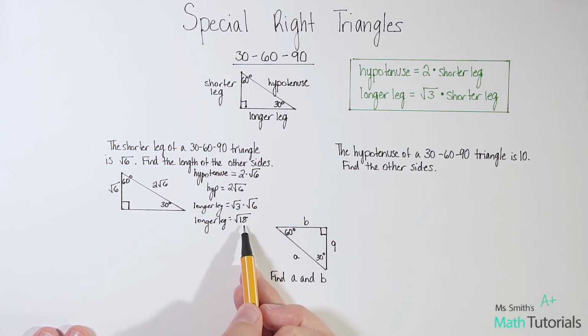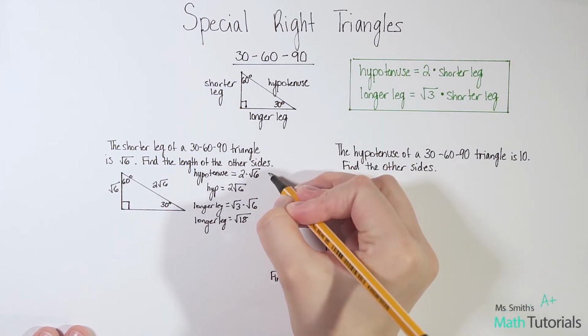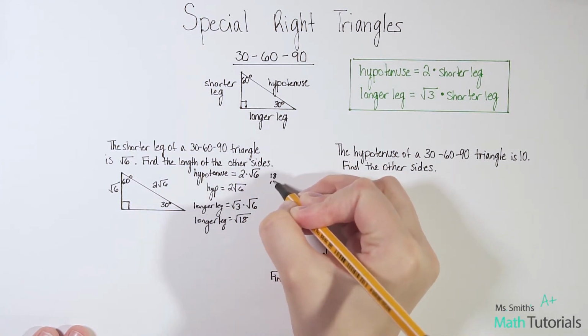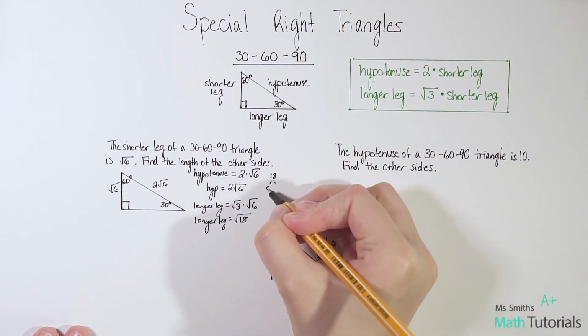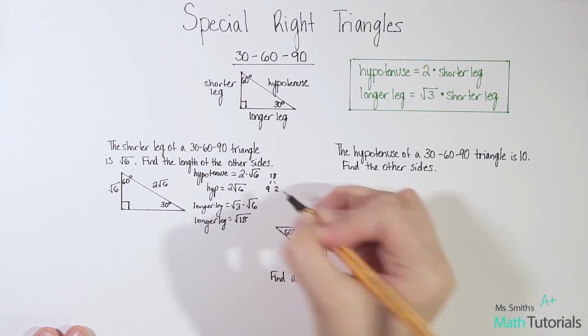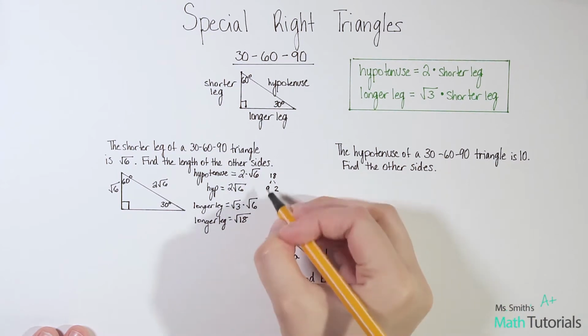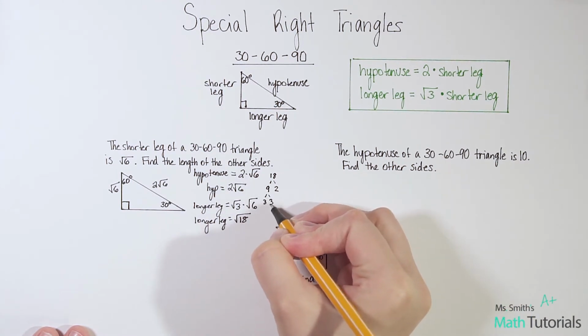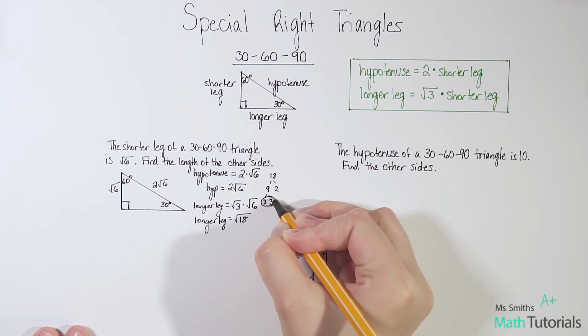And then I want to think, can I reduce square root of 18? And let's try it, right? I'll come up here, 18. We'll do our little factor tree. I know 9 and 2, right? And then 2's a dead end, so for 9 I've got 3 and 3. So there's a pair.